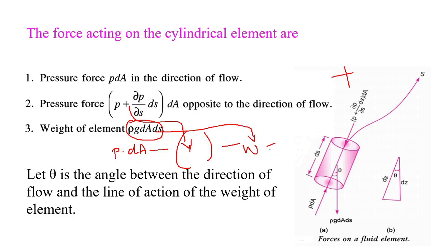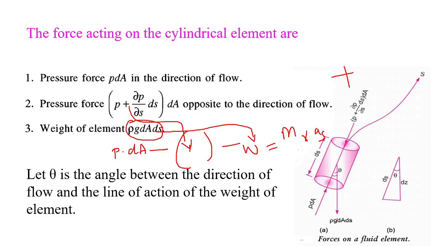Which is equal to, the forces in the direction of flow, thus the resultant force is equal to the mass of the fluid element into the acceleration of the fluid element in the direction of S. What is mass?